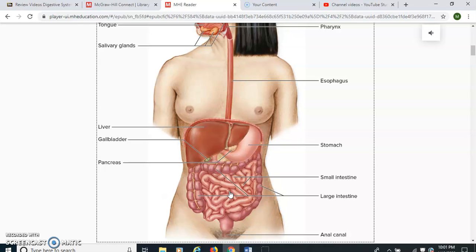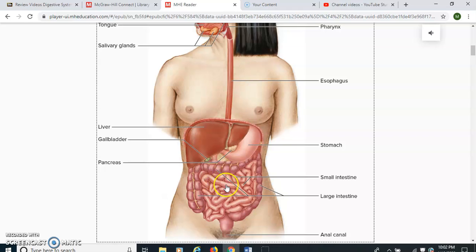And remember that the pancreas is going to produce amylase as well as some other enzymes. And that amylase will flow through the pancreatic duct and into the duodenum and join with the carbohydrate that's in our duodenum. And we'll have chemical digestion going on in our duodenum and small intestines.